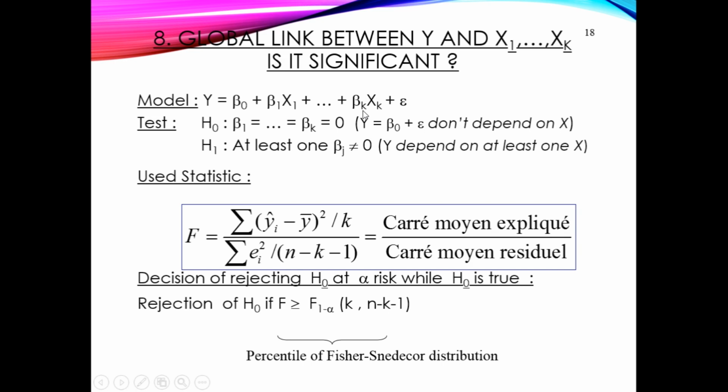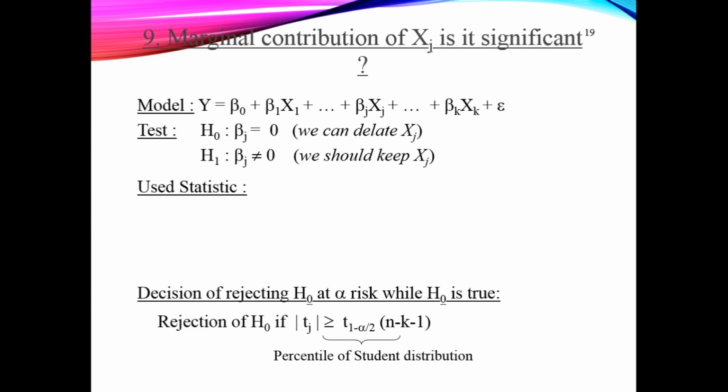We can look at the marginal contribution of every variable. Is it significant when we take one of our covariates individually? Can we say that its coefficient is statistically different from 0 or equal to 0?